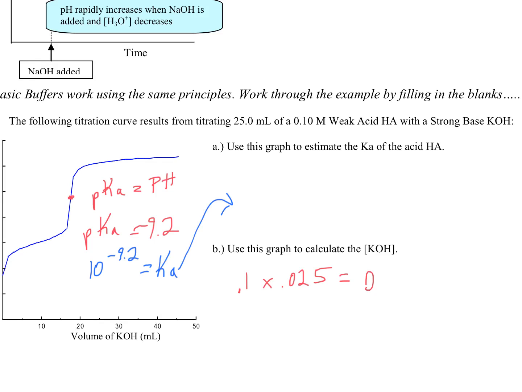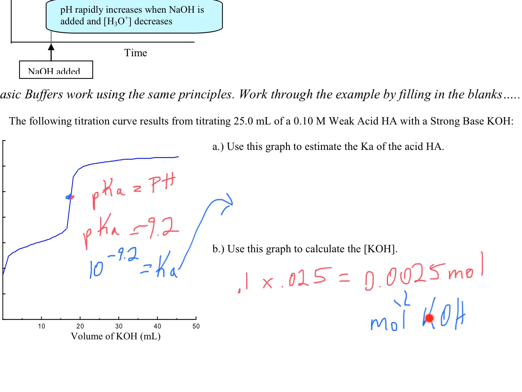So 0.0025 moles of our weak acid. Now notice for our KOH this has 1 hydroxide, which means my acid and my base have a 1-to-1 ratio. So now I have 0.0025 moles of KOH as well at my equivalence point.